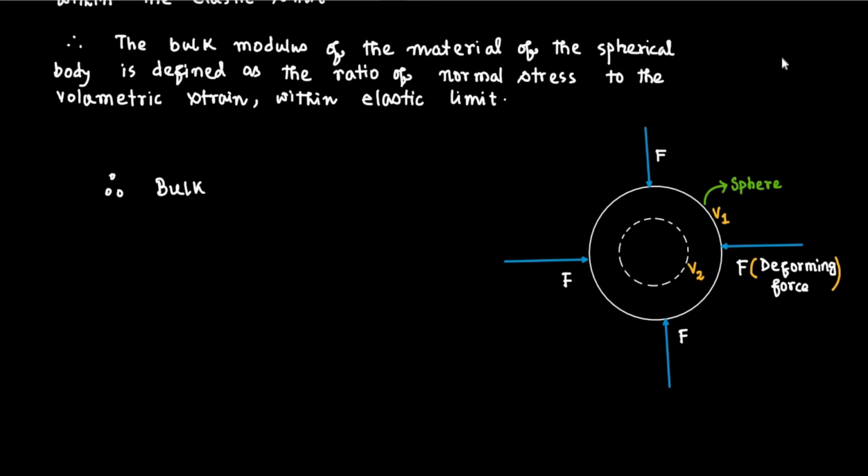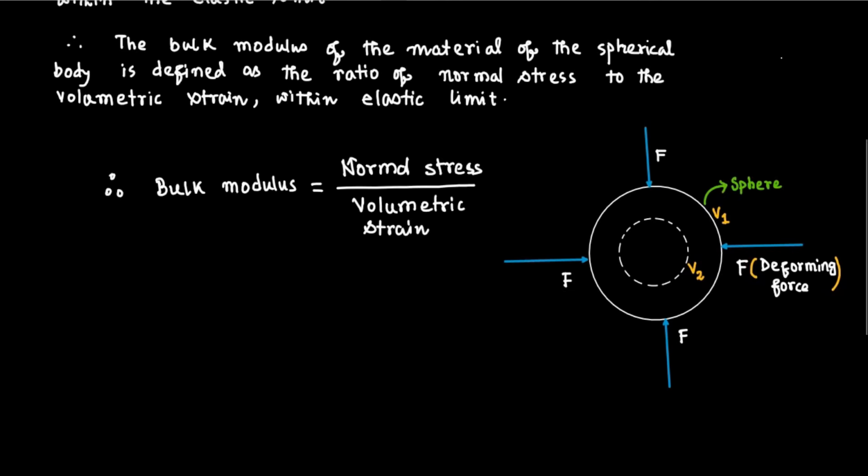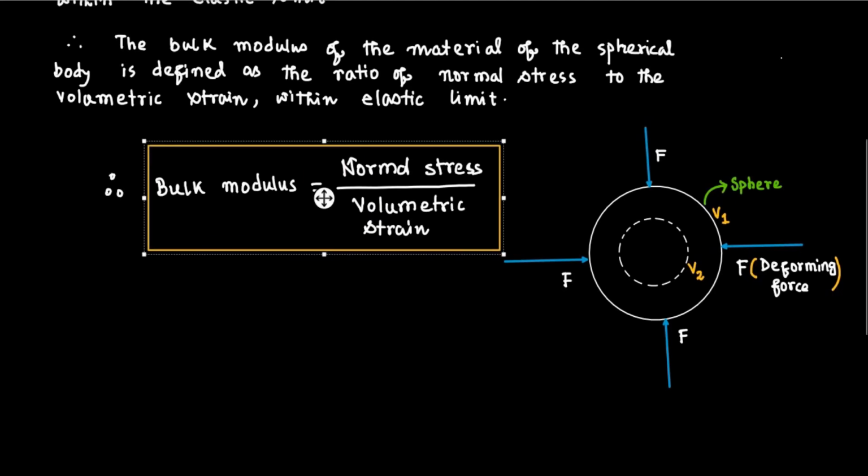Therefore, bulk modulus equals normal stress divided by volumetric strain.